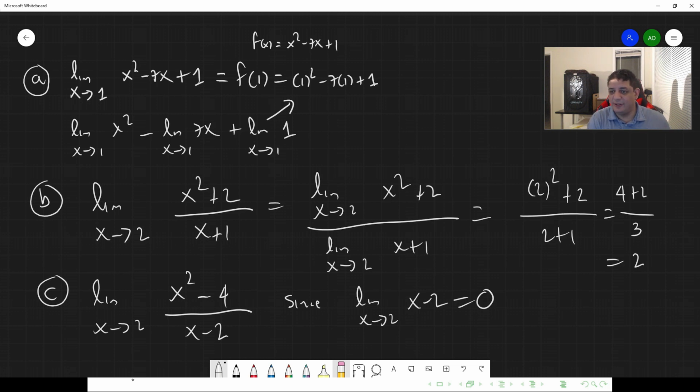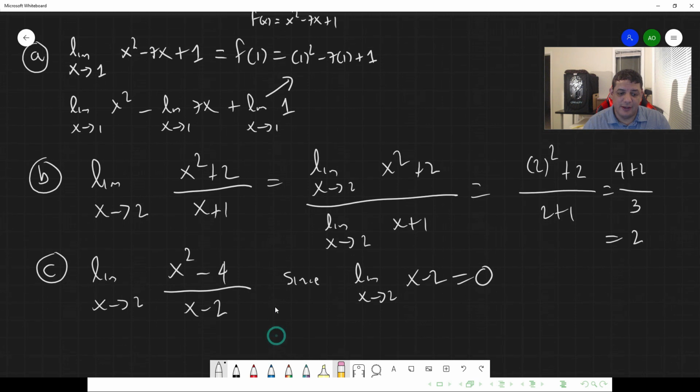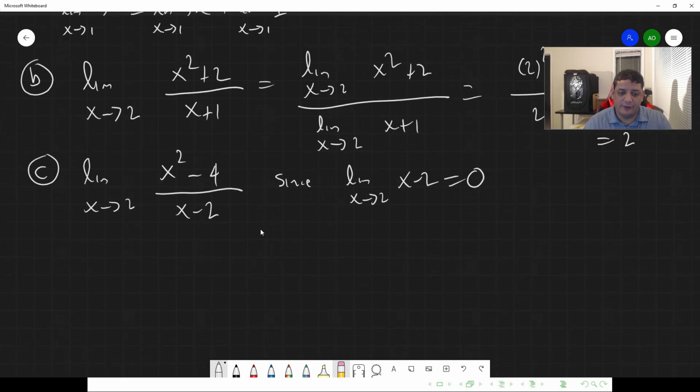So I can't really do the same thing that I did here. I can't just plug in right away. In particular, in this case, notice that something else is happening, and it's that not only the bottom is becoming 0, but the top is becoming 0.